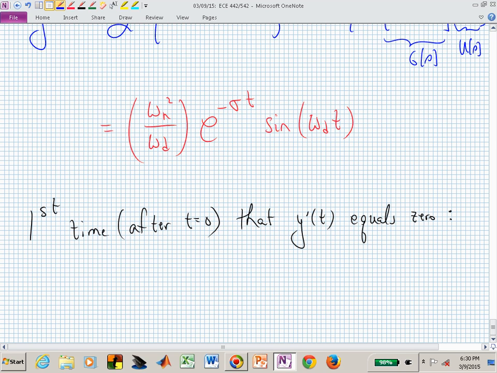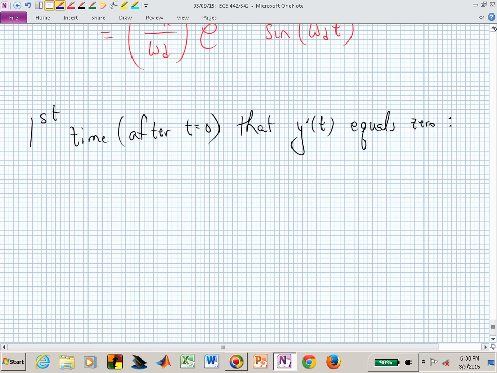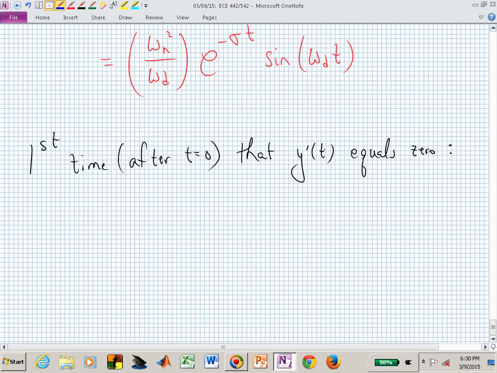We need to focus on the sine piece, don't we? That e piece is irrelevant. So now we need to say, oh, that will become equal to 0 when we have the sine of omega sub d t equaling 0.